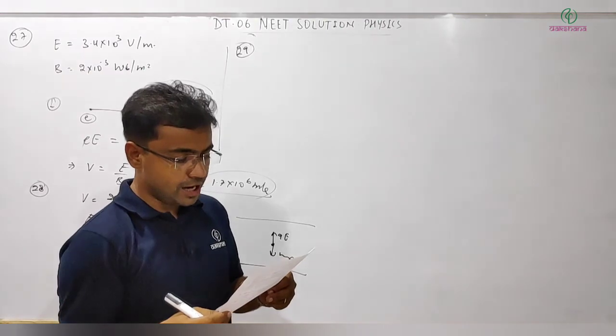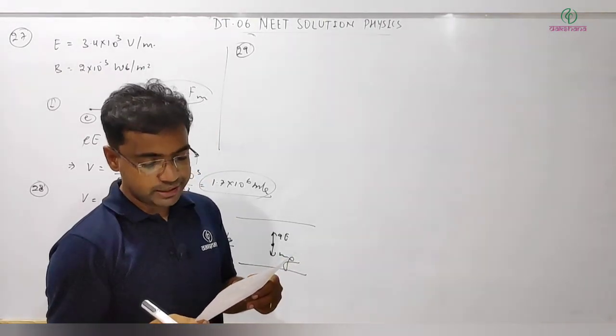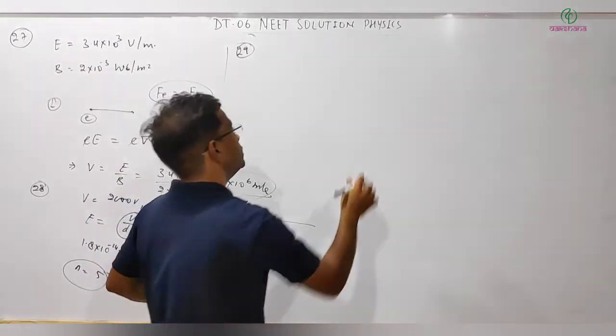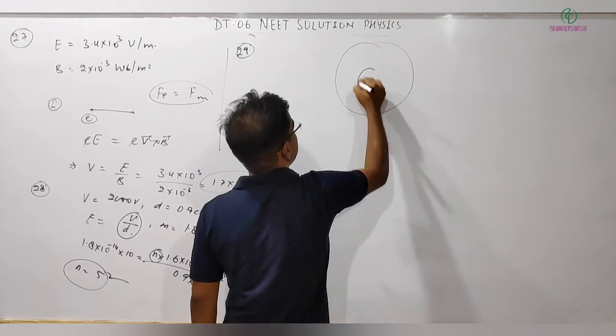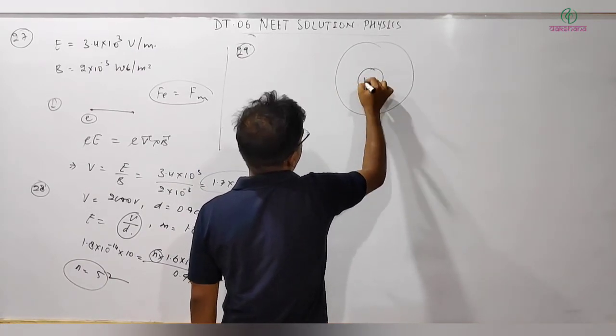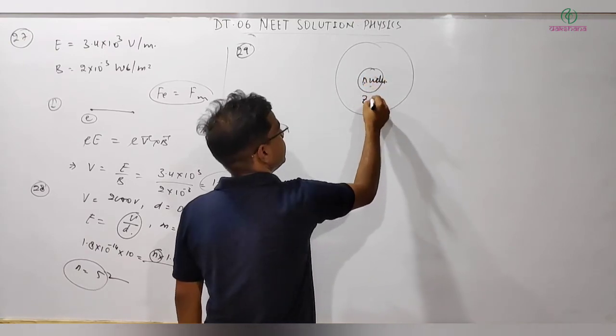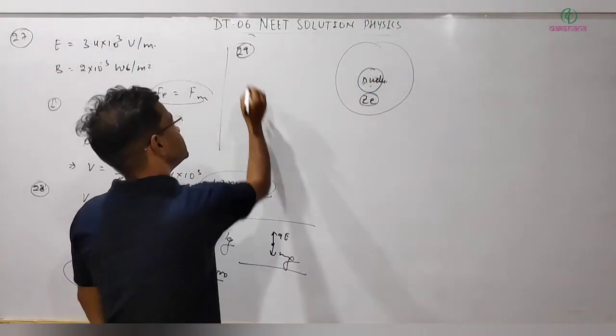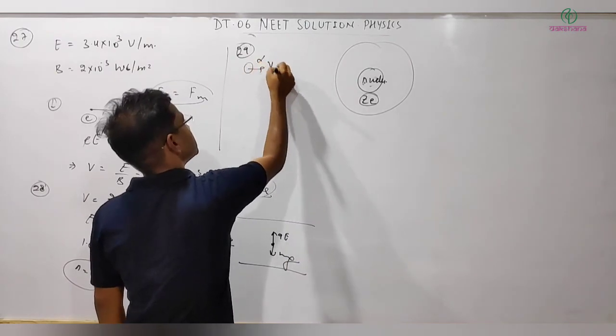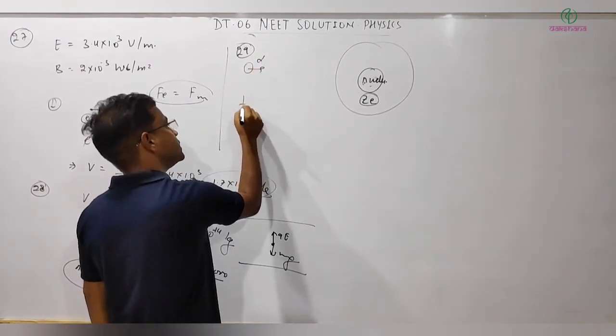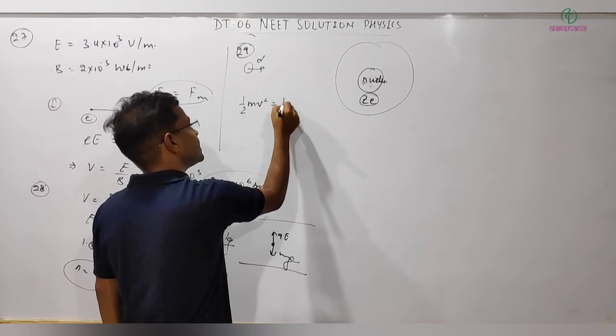Alpha particles are projected toward the nuclei of different metals with the same kinetic energy. So remember, this is the nucleus, and Ze is the charge. The alpha particle is projected with the same kinetic energy, meaning half mv square is the kinetic energy.